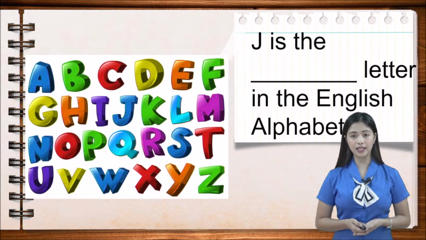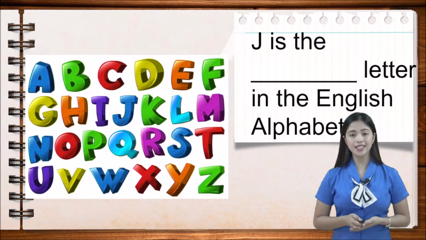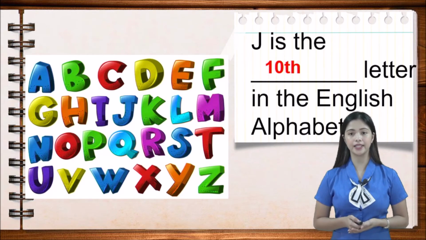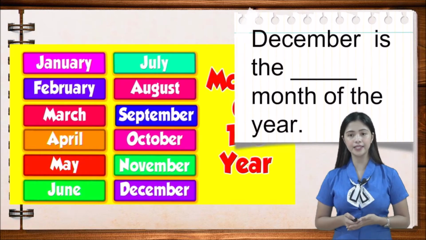How about the letter J? So the letter J, kids, is the 10th letter in the English alphabet. How about here, kids? December. What is the ordinal number of December?